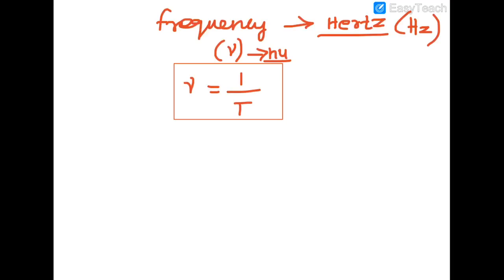Both sounds travel at the same speed, you have to know that. But we receive different kinds of sound, which is represented as pitch. The frequency determines the pitch.